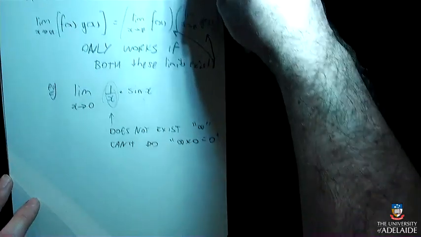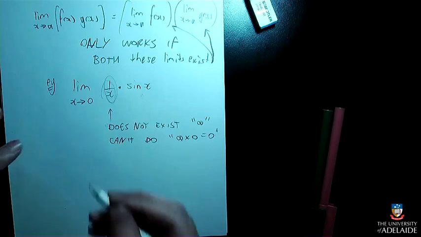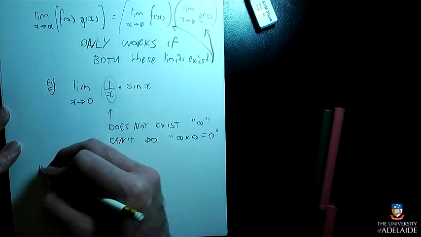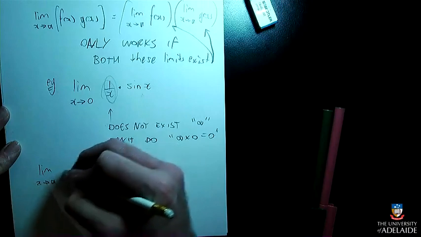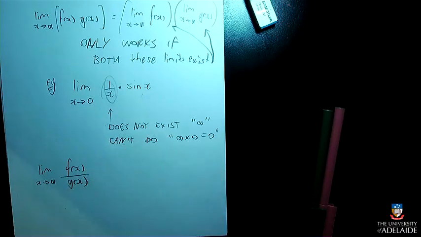All right, and the same thing applies for the division limit law. That doesn't work either. If they're divided by each other, you can do the limits separately as long as both limits exist.